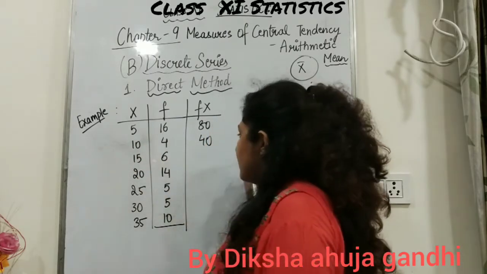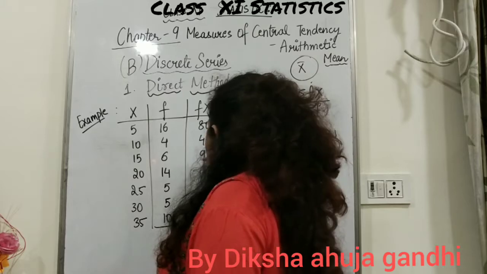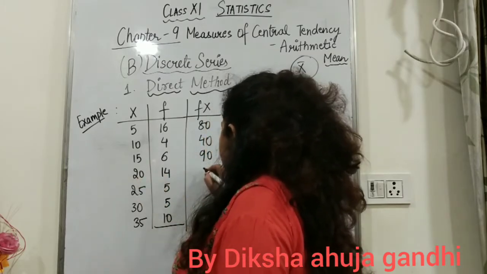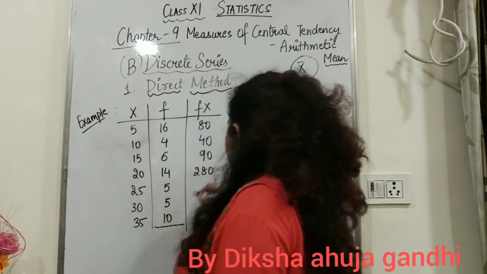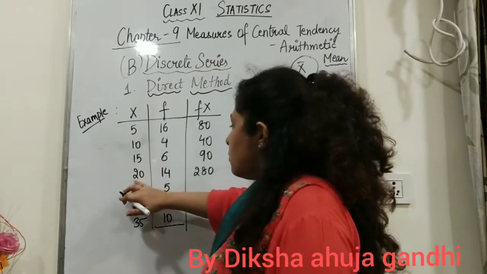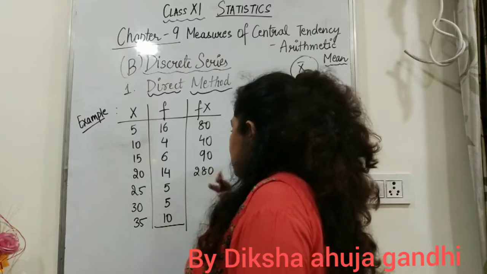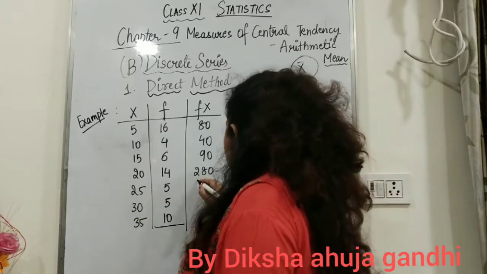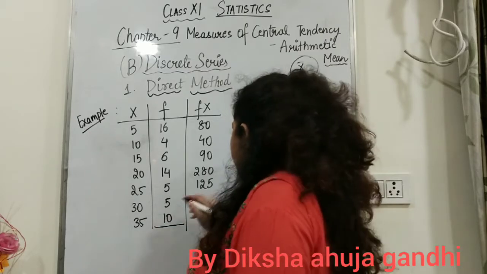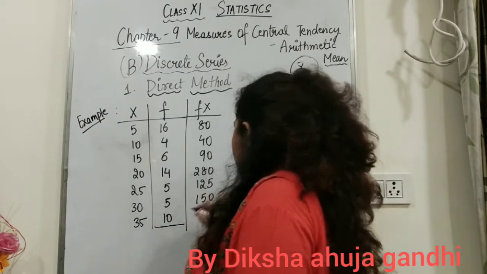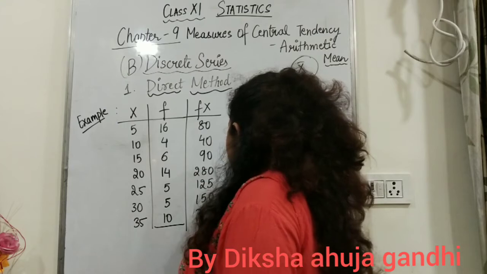Then 15 into 6 is 90. 14 into 20 is 280, because 14 into 2 is 28. 25 into 5 is 125. 30 into 5 is 150. And last, 35 into 10 is 350.